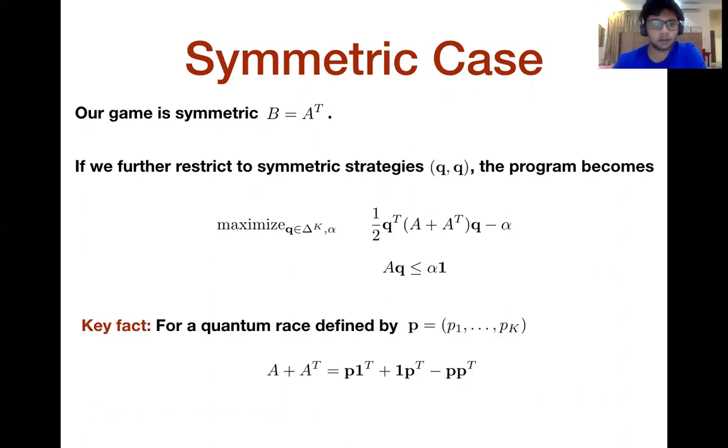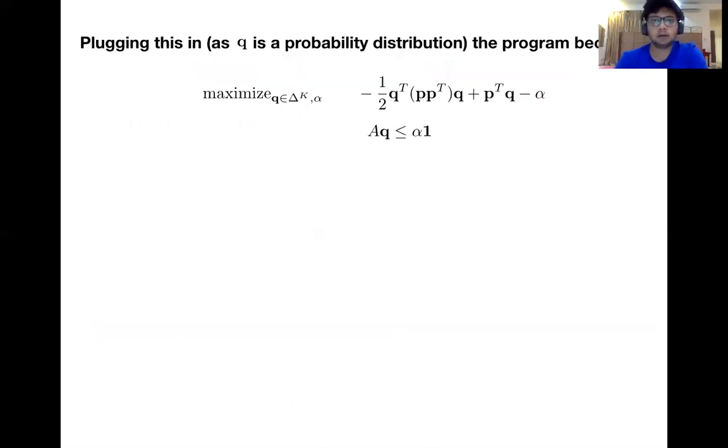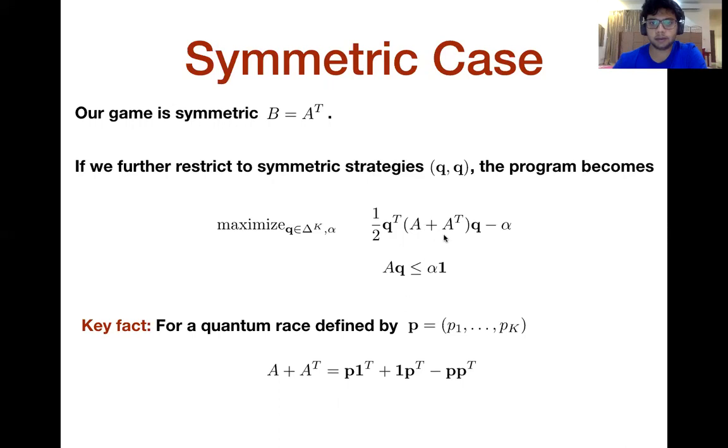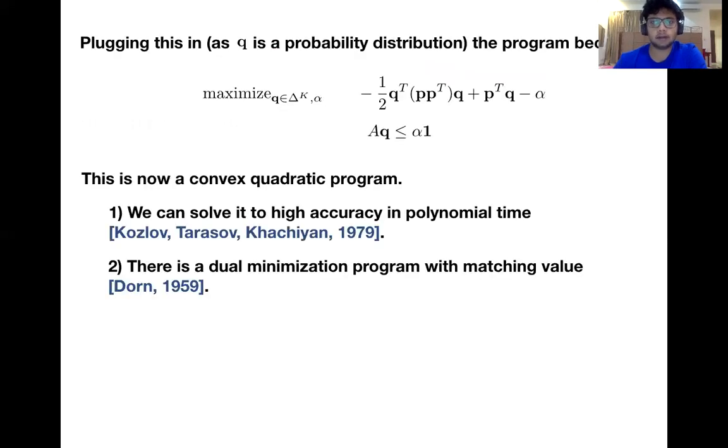And then we use the observation in our game that for the race given by P1 to Pk, the summation of A plus B, in this case A plus A transpose, turns out to be a very nice form, which is equal to P times the all-one vector transpose plus 1 P transpose minus PP transpose. So plugging this back here, we get the following program.